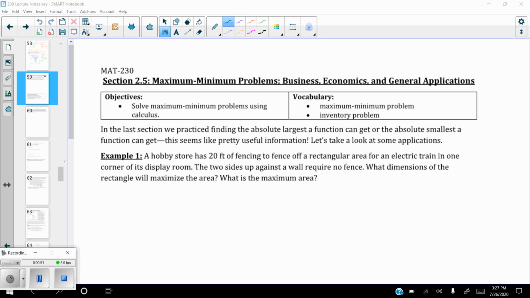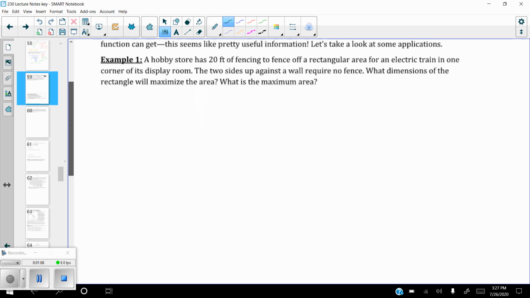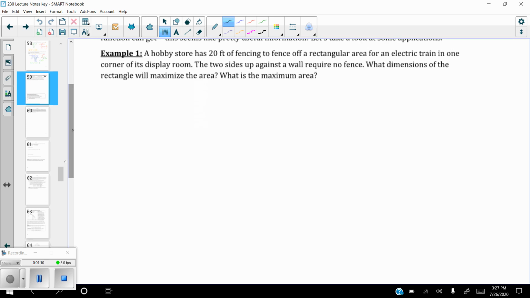So in the last section, we practiced finding the absolute largest of a function that we can get, or the absolute smallest of a function. And this kind of information is actually what really is useful in practical applications. As you can expect, in businesses, a lot of times people want to know how to maximize something, specifically profit.